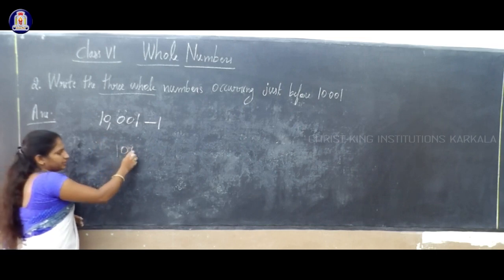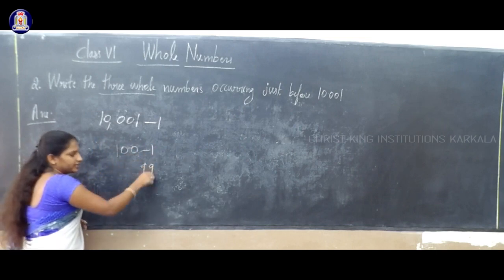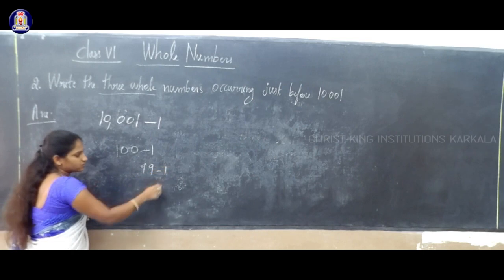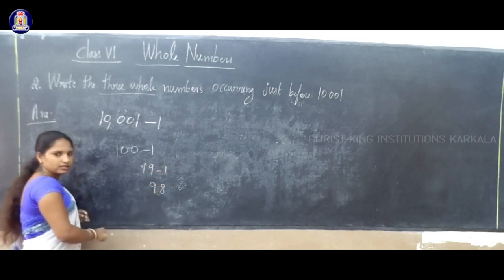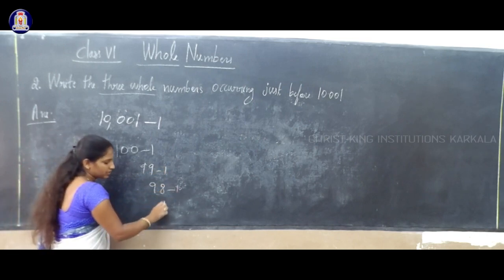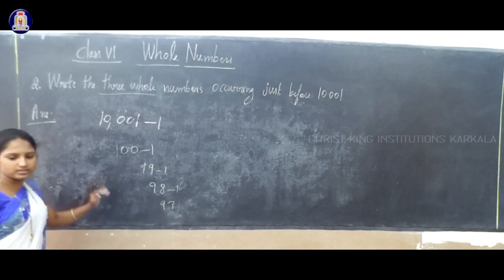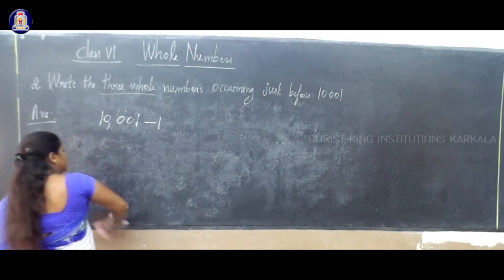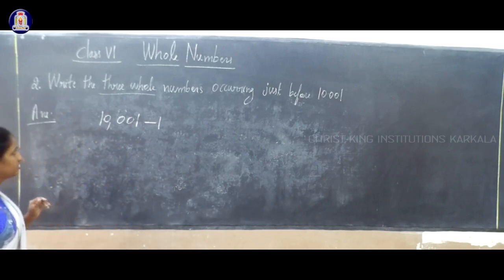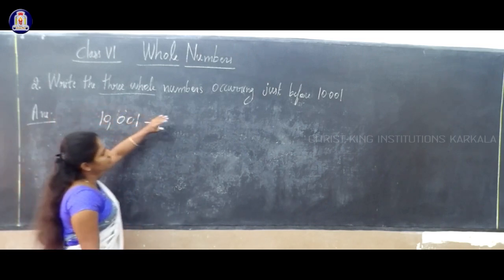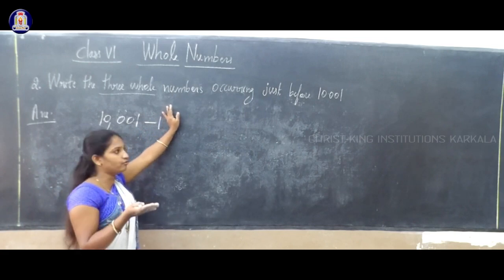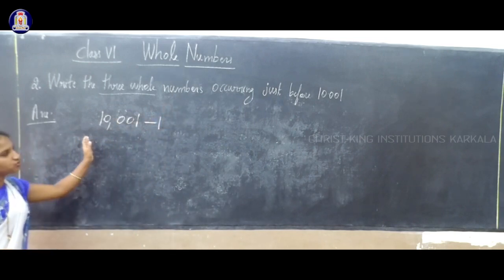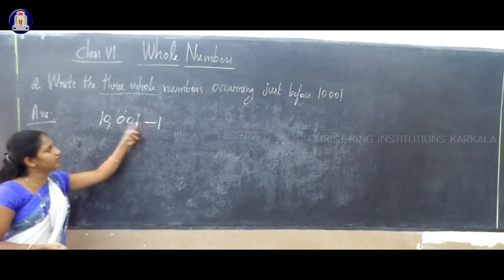So 100 minus 1 means you get 99, 99 minus 1 means you get 98, and 98 minus 1 means you get 97. These are the predecessors of 100. So here also, to write whole numbers occurring just before 10,001, we have to subtract 1 from this.